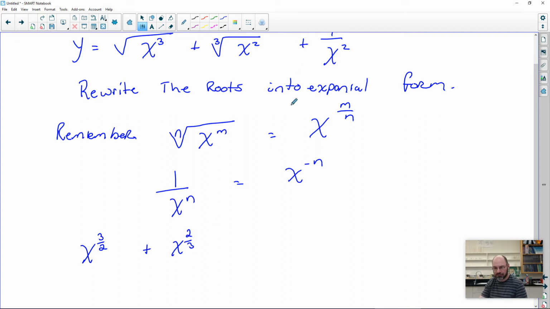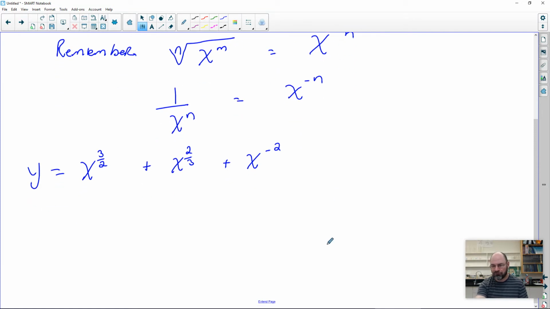And this is going to be x to the power of negative 2. And that is what our y equals. So there, that's our first step. First step is to rewrite it into exponential form. And then we're going to use the power rule. And I'm going to do the long form of the power rule by writing it right out. So now use the power rule.